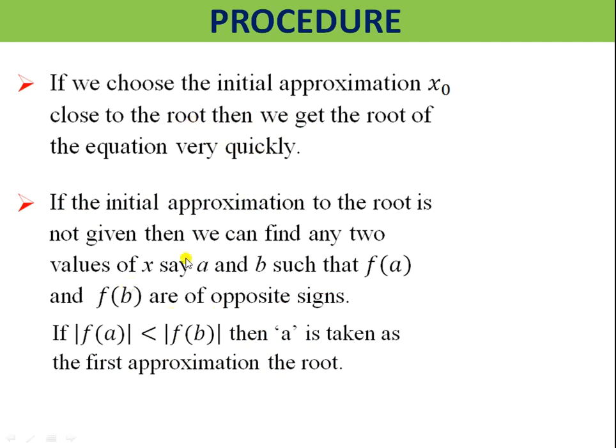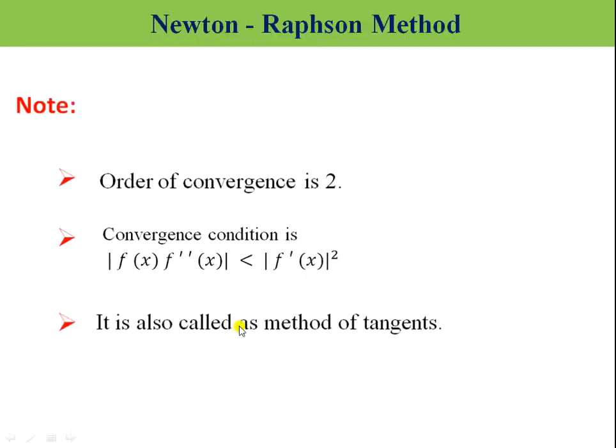Second point, if the initial approximation to the root is not given, then we can find any two values of x, say a and b, such that f of a and f of b are of opposite signs. If modulus of f of a is less than modulus of f of b, then a is taken as the first approximation to the root, right?